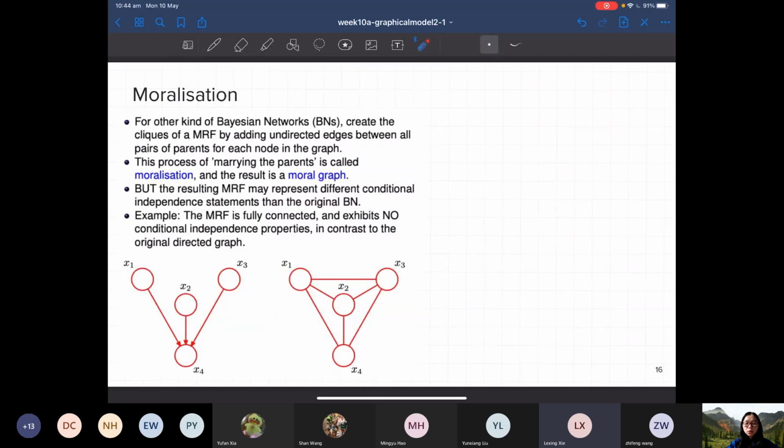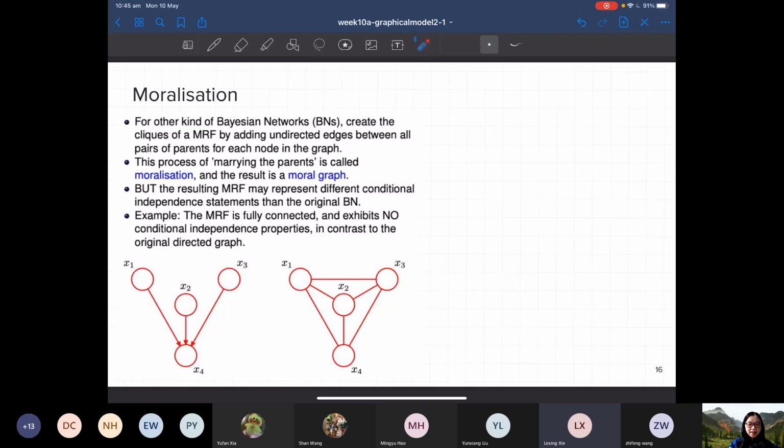The more general way of reasoning about what is the closest undirected graph for a given directed graph has a name, again a new name, but it's just inspired by this whole set of terminology about a node and its parent node and so on. It's called moralisation. These terms have a different connotation right now in this society.